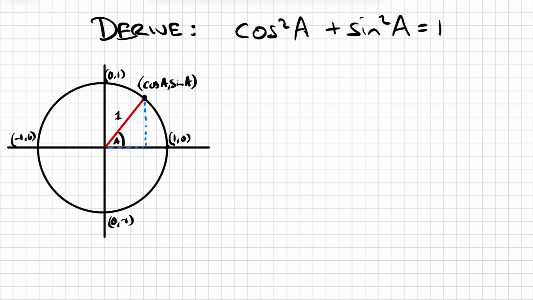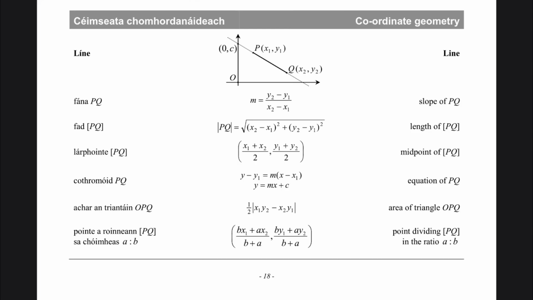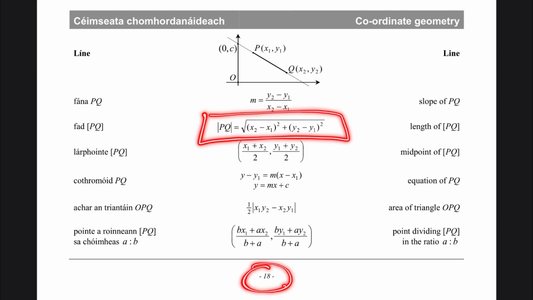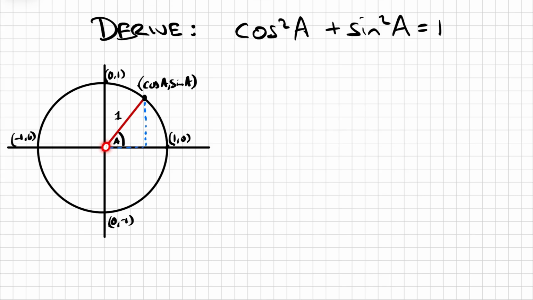And now what we're going to do is use the distance formula. Your distance formula can be found on page 18 of your formula booklet. So we're going to say from (0, 0), the center position, to this position here is a length of 1. So let's do it from (0, 0) to this coordinate (cos A, sine A).